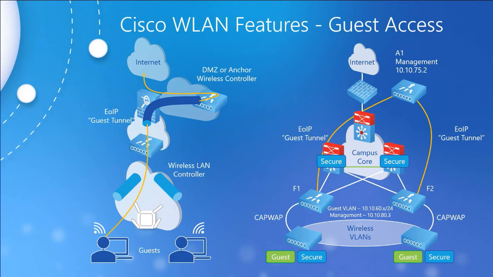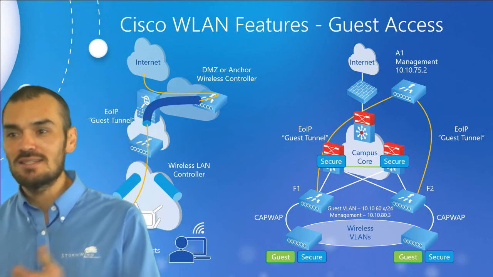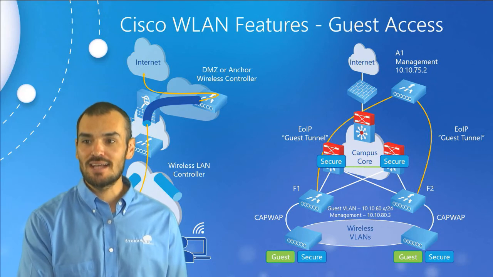So in the diagram, we actually leverage the CAPWAP tunnels to provide guest access without compromising security. Now, for the record, controllers have the ability to establish 71 CAPWAP tunnels at any point in time. Now, this provides us a much more robust and scalable solution for guest access.